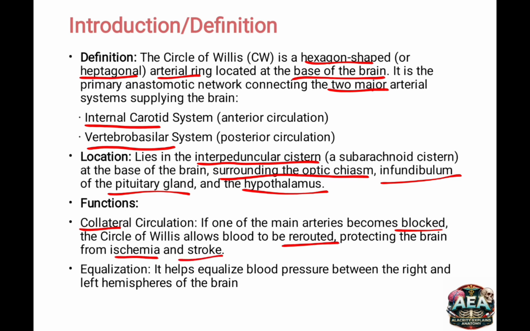Collateral circulation, whenever there's an obstruction of one of the vessels, the other components of the circle can help to form an arterial supply to the affected part to prevent ischemia and stroke of the brain. Another function of this circle is equalization. It helps to equalize blood pressure between the right and the left hemispheres of the brain.